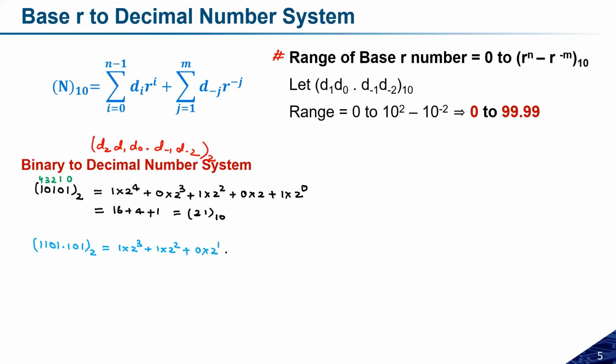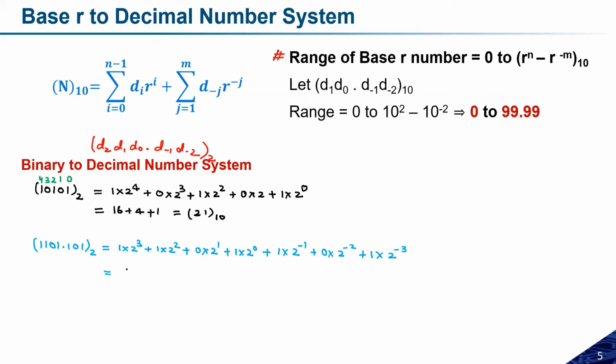Yeah, we can directly write it 0, it's not a problem. Plus 1 into 2 to the power 0. Plus, then I have to start from here, right? So 1 into 2 to the power -1 plus 0 into 2 to the power minus 2 plus 1 into 2 to the power minus 3. So we can just calculate it and then you will get the number.